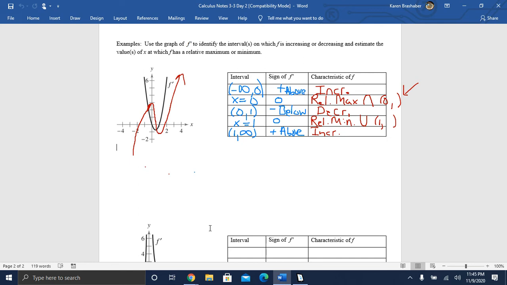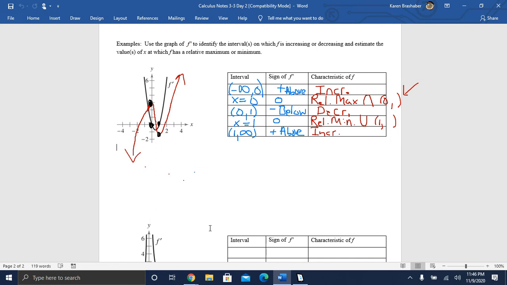Now, what should be happening is that the x-intercepts of f prime should be lined up with the maximum, and then here's the x-intercept and the minimum of your original function. So take a look at how those things line up.